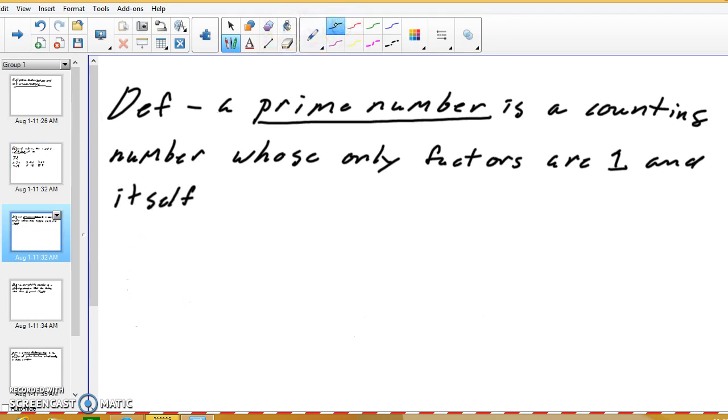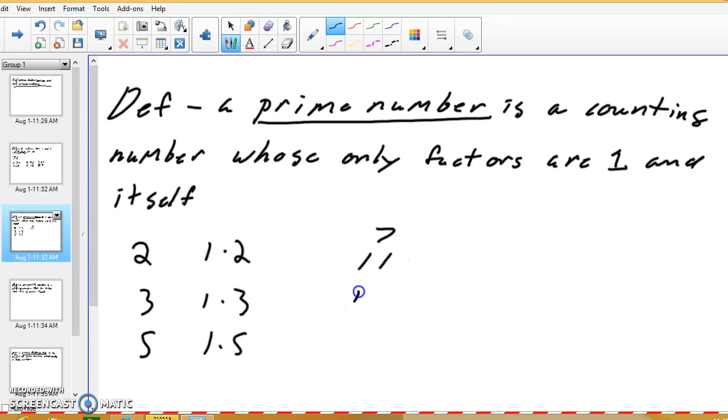However, some examples of numbers that are prime are, say, 2, because what gives us 2? Well, it's the factors 1 and 2, but there are no other factors that give us 2. Similar, 3. 1 times 3 gives us 3, but nothing else can give us that. 5, because 1 times 5. Another would be 7.